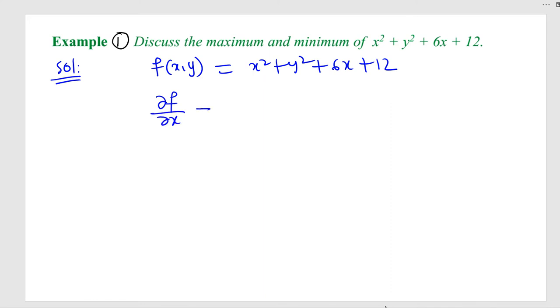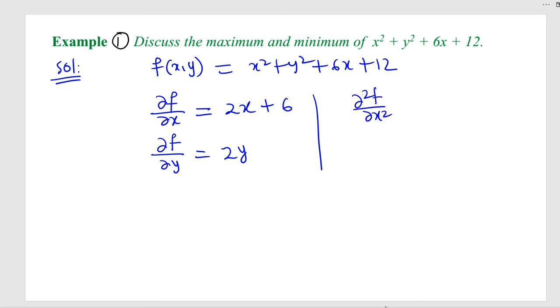Del f del x is 2x plus 6. Then you can find del f del y, this is 2y. Again, you can find del 2f del x2, here you have 2. And here you can find del 2f del y2, this is again 2.